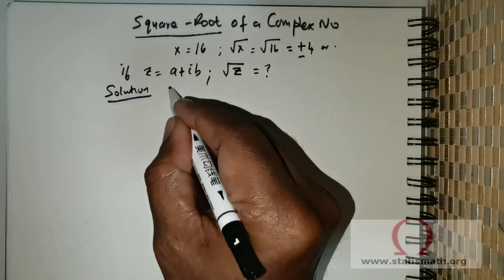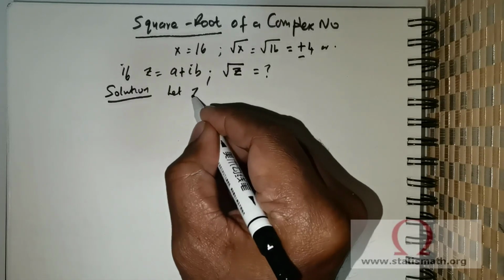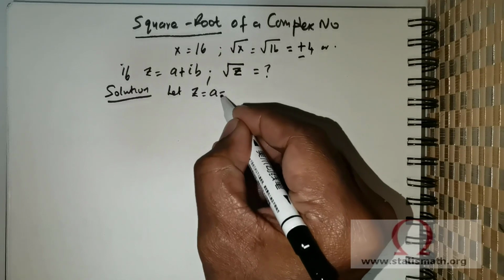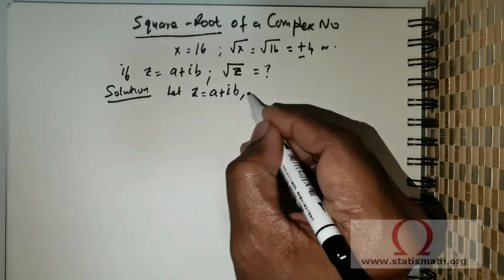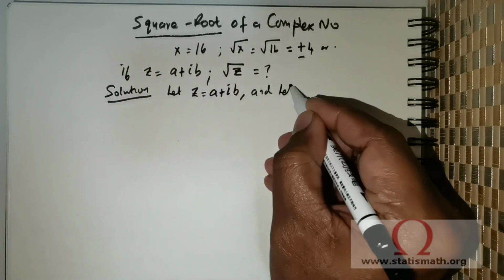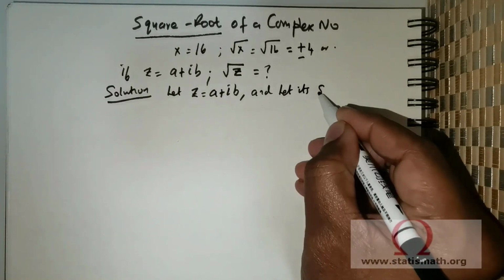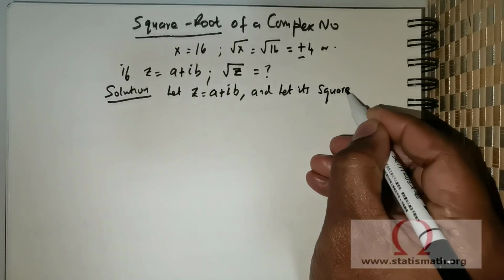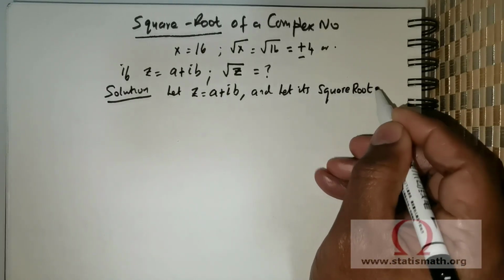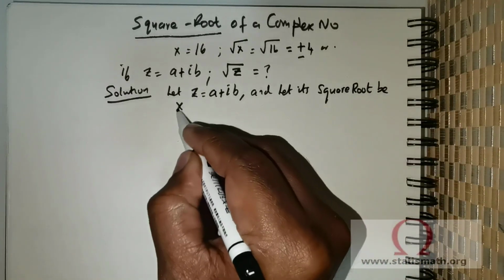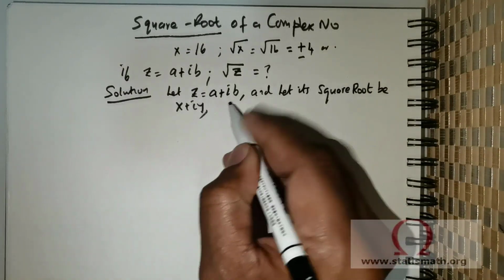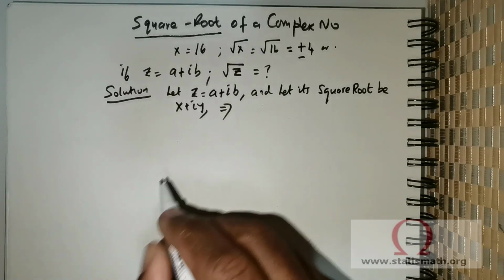Foremost, let z be the complex number a plus ib, and let its square root be x plus iy. What is the meaning of this?